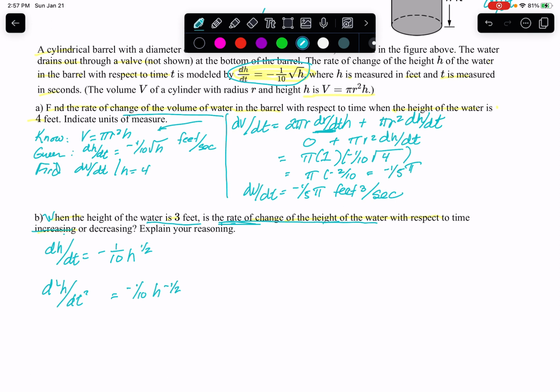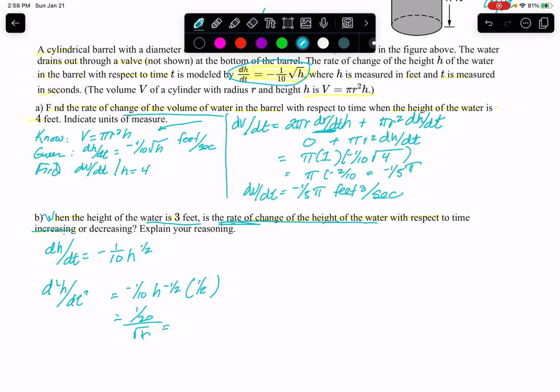And let's see, times, do I have to do 1h times 1/2, right? So we end up getting 1/20th over square root of h.